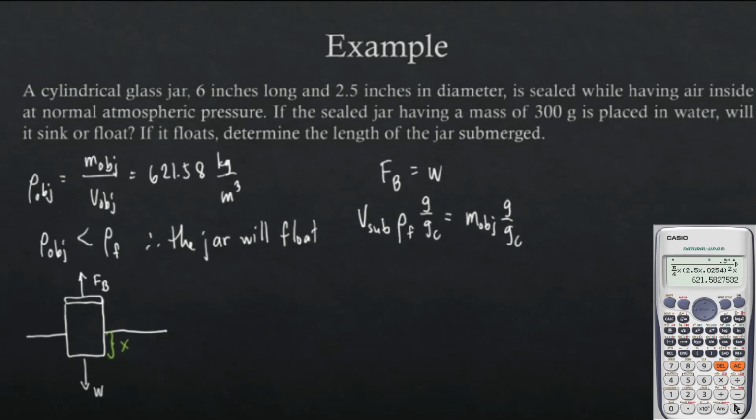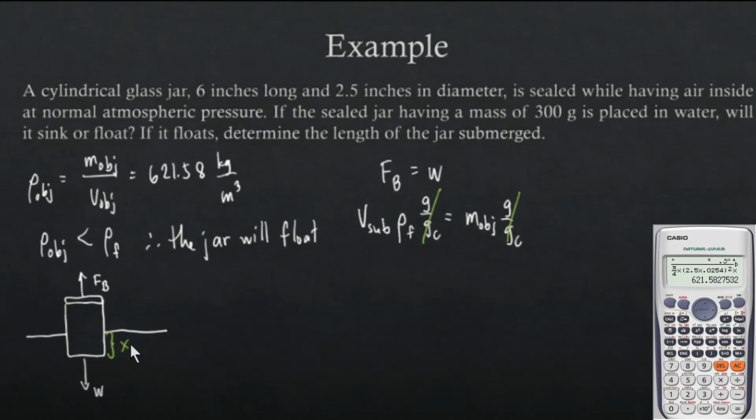We can cancel G over Gc, and we are just left with three parameters: the volume submerged, density of the fluid, and the mass of the object. Now, you might be asking, where is x in this equation? Well, if you take a look at the three parameters, the mass of the object is constant, it's a given. The mass of the jar will not change. The density of the fluid is also constant because it's the density of water.